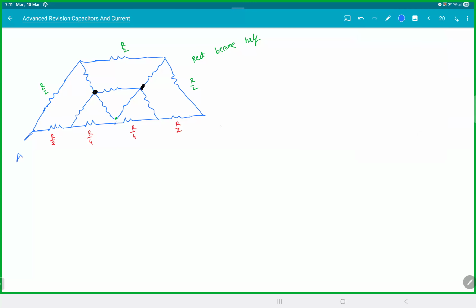This was A and this was B. So this is that bottom one: R by 2, R by 4, R by 4, R by 2. This is R, R and R. That thing can be made into one.